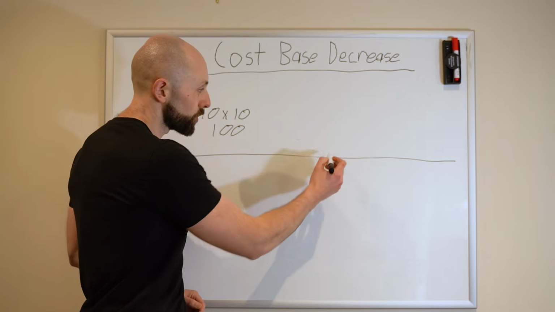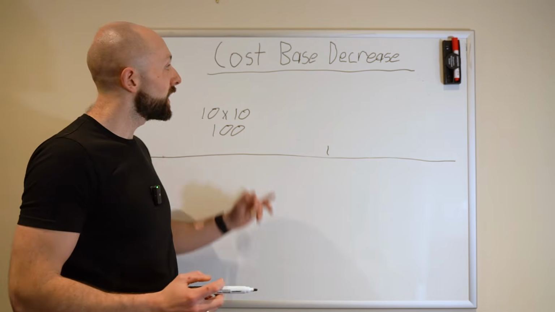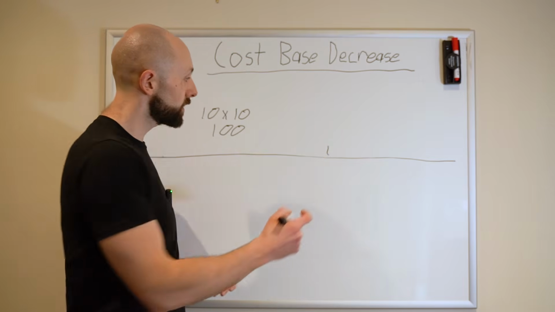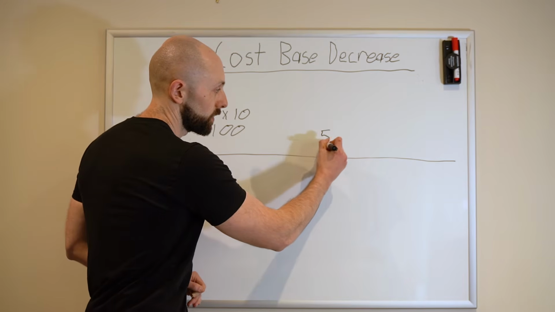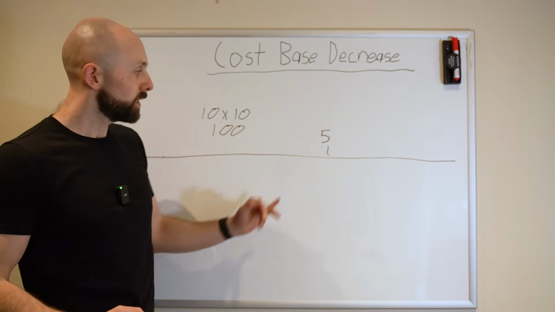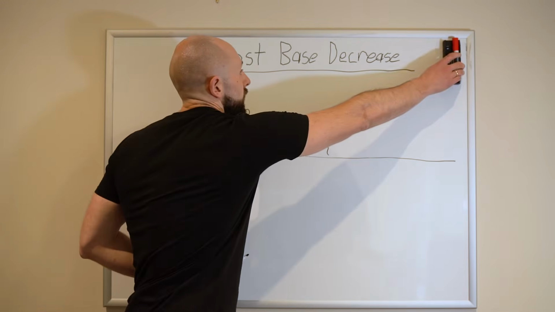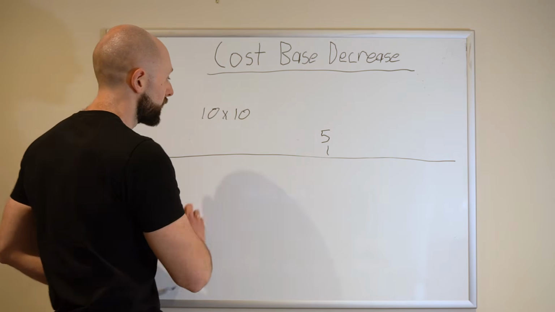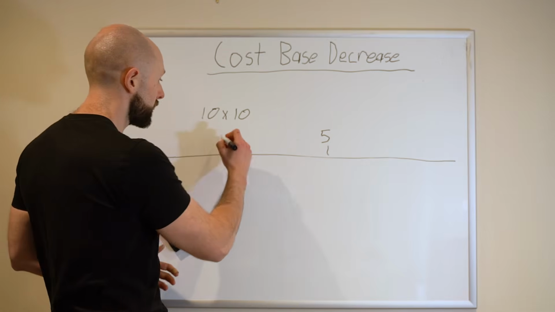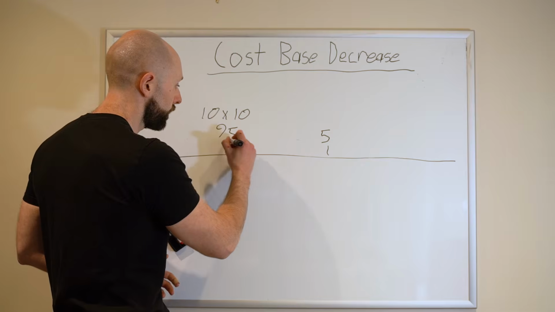Then at some point in the future we get our AMIT statement and it has a cost base decrease of $5. What happens is we take that $5 off this. So now instead of our cost base being 100, our cost base becomes 95.